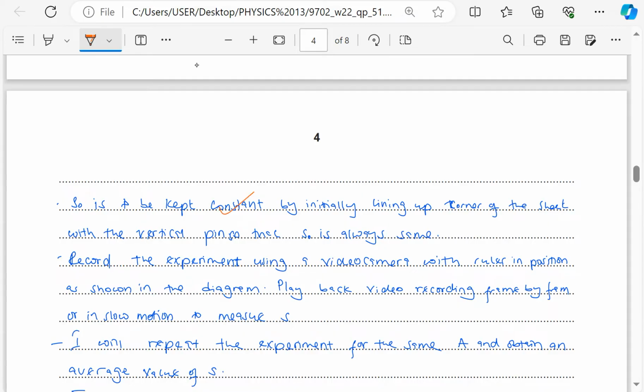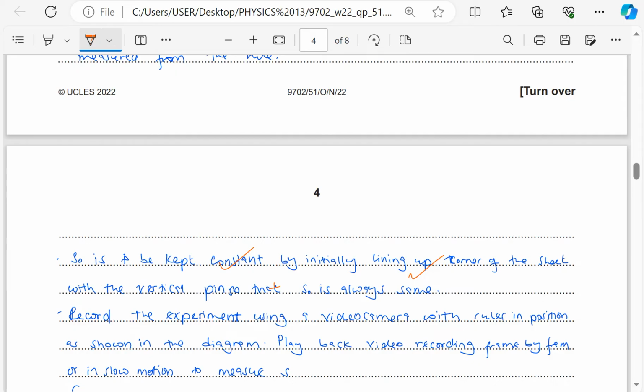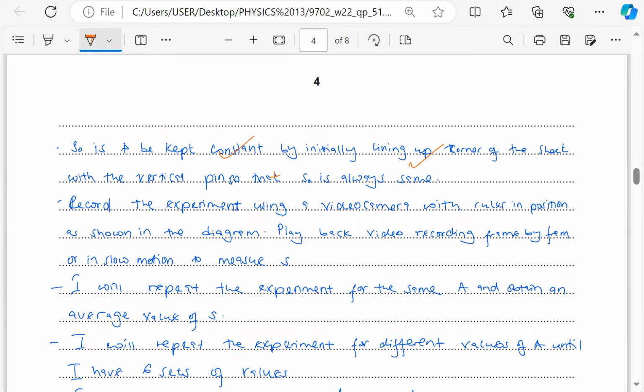S naught is going to be kept constant, and the examiner may credit you for saying initially lining up the corner of the sheet with a vertical pin so that S naught is always the same, or the same mark will be credited on the diagram, the second mark.